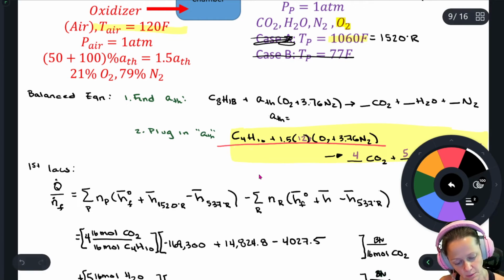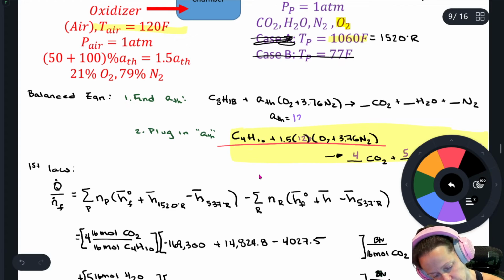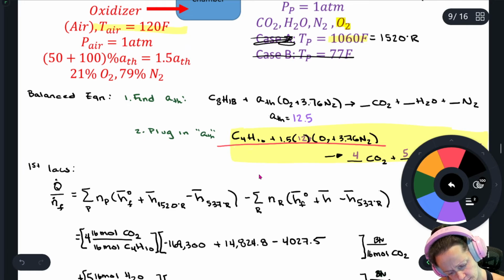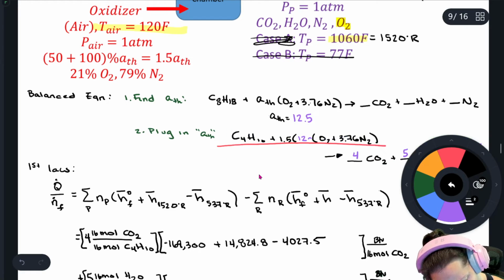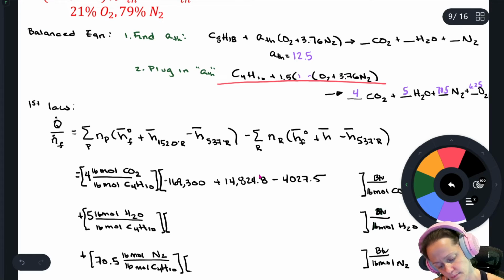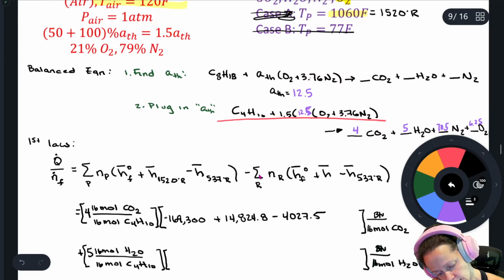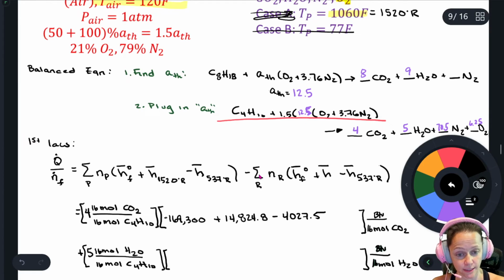If somebody had done the math, they would have figured out that it doesn't make sense, but it does make sense if we had the right numbers. So this guy would be 8, this guy would be 9, and the oxygen would be 12.5.